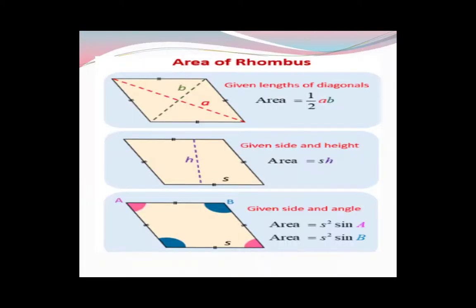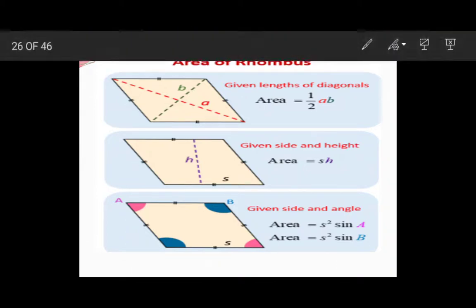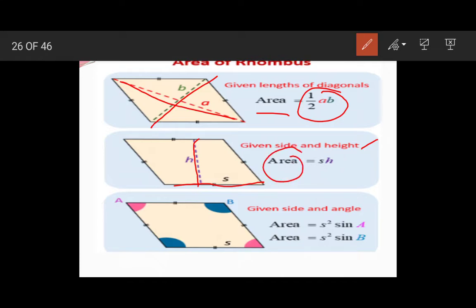So area of a rhombus. If the length of the diagonals is given, then we can find the area by using the formula half into A into B, where A and B are diagonals. If side and height are given, then we can find the area as S into H, side into height.